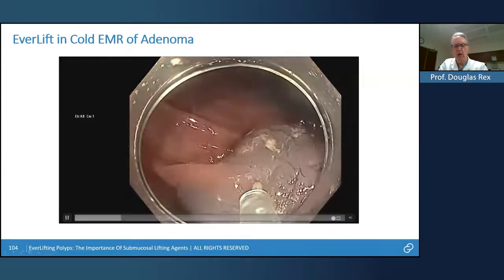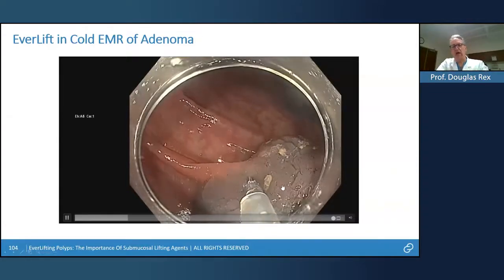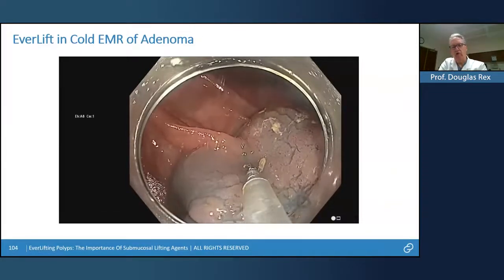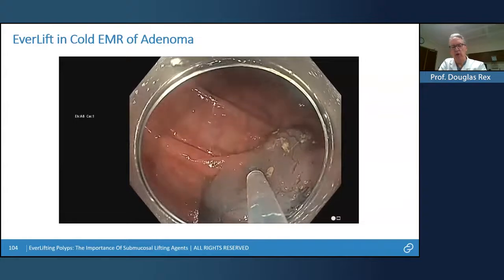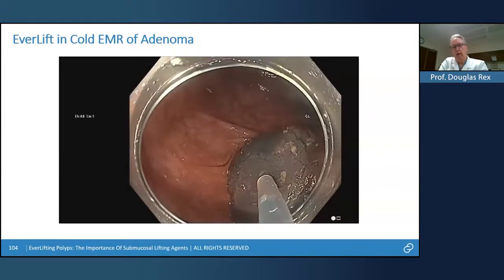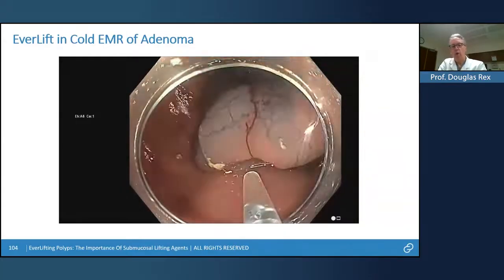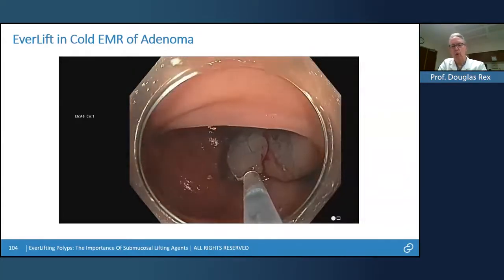You can see here we're getting a nice, fairly concentrated mound of submucosal injection fluid. It's nice and thick, and then using a dedicated cold snare, we're going to remove this from one side to the other cold.